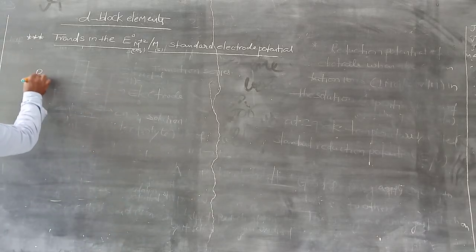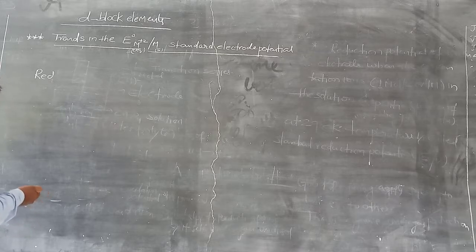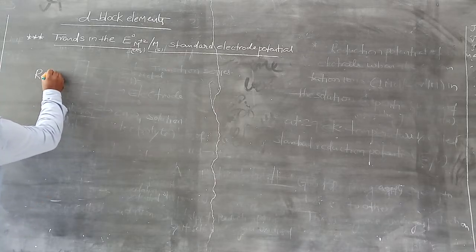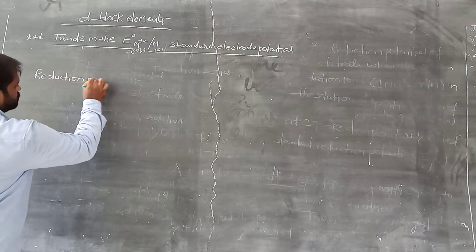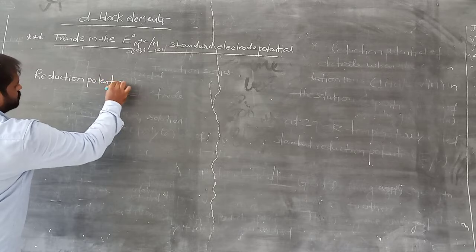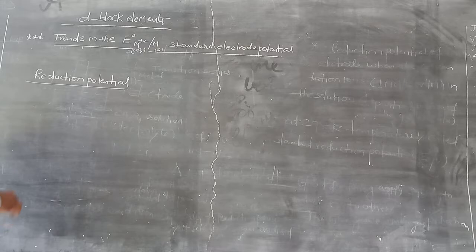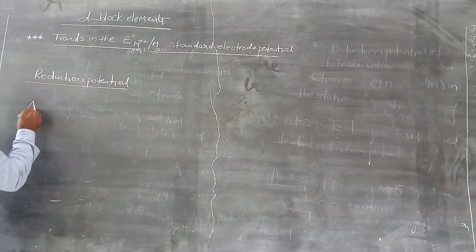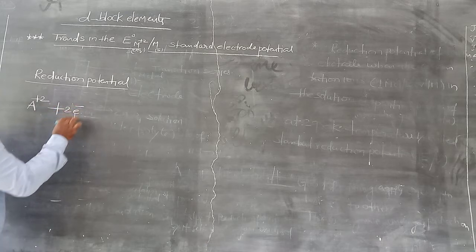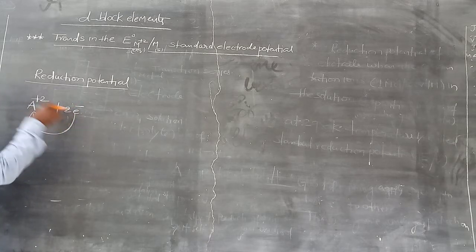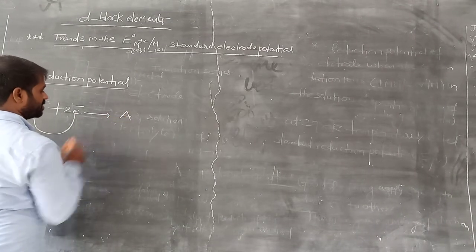And what about the second, reduction potential? Reduction potential means, suppose this is A plus 2, it gains 2 electrons from others, then it becomes A. What happened here?